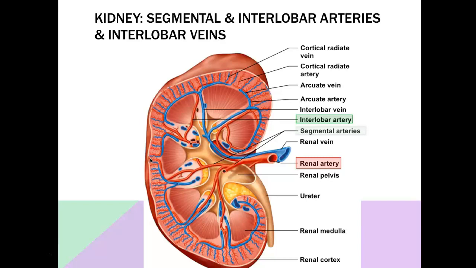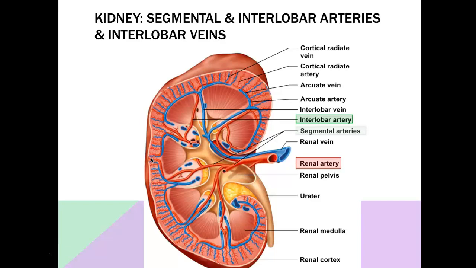The blood will then exit, or I shouldn't say exit, it'll move through the efferent arteriole into a capillary system. And the capillary system that can exist are your peritubular capillaries or the vasa recta, and we'll talk about the difference in class.